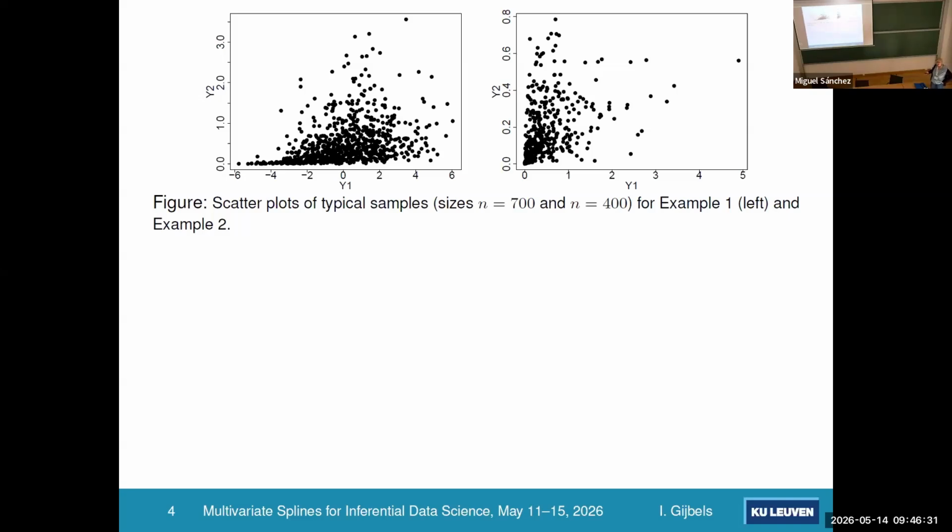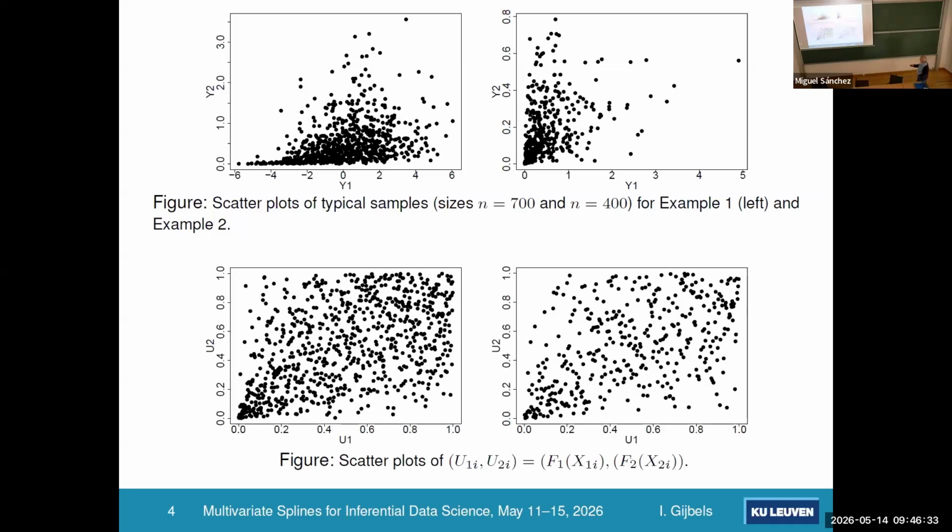But actually, they do have the same dependence structure, and you see that when you apply F1, which I know because it's a simulated example, and F2 to the other part. Then you get U1, U2 for example 1 and for example 2.